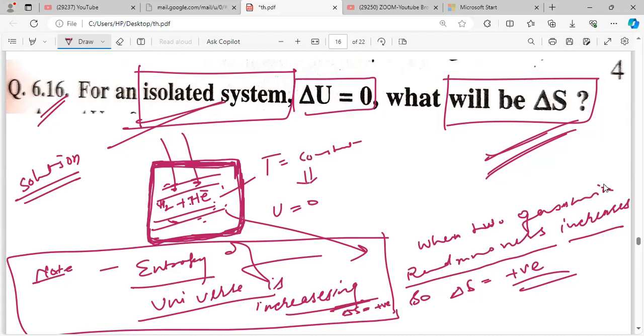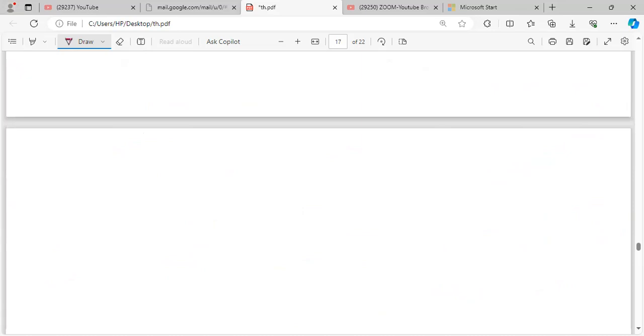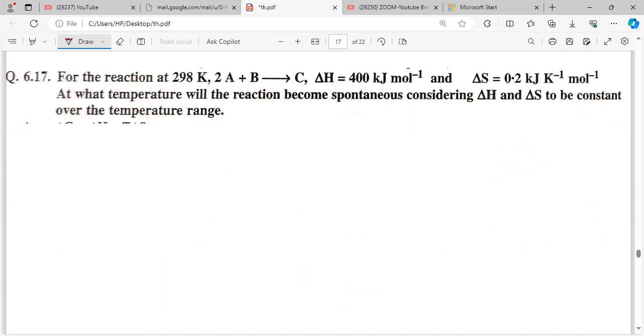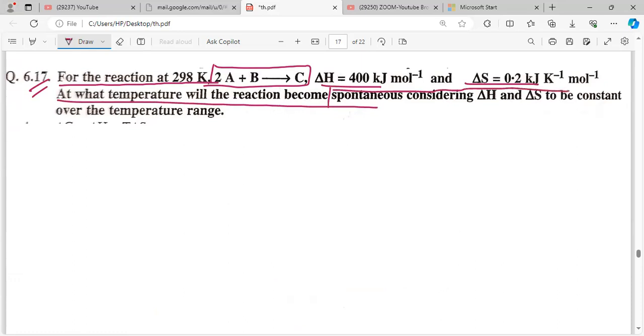Next, you see here. Can you tell me this one? For a reaction at 298 Kelvin, 2A plus B gives C, delta S is 0.2 kilojoule per mole Kelvin. At what temperature will the reaction become spontaneous, considering delta H and delta S are constant over the temperature range?